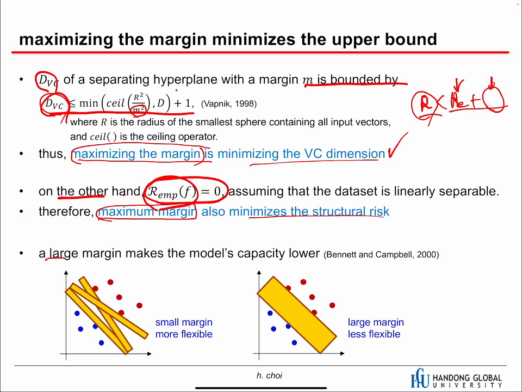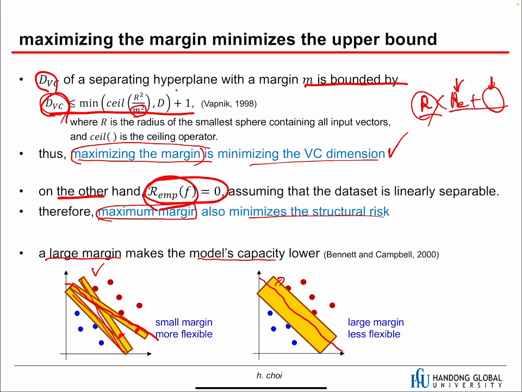When we have a large margin, the model's capacity can be lower. Look at this image: when the margin is small, we can move this separating hyperplane in many different ways. But if the margin is maximum, we cannot rotate or shift the hyperplane, because it is fixed here.